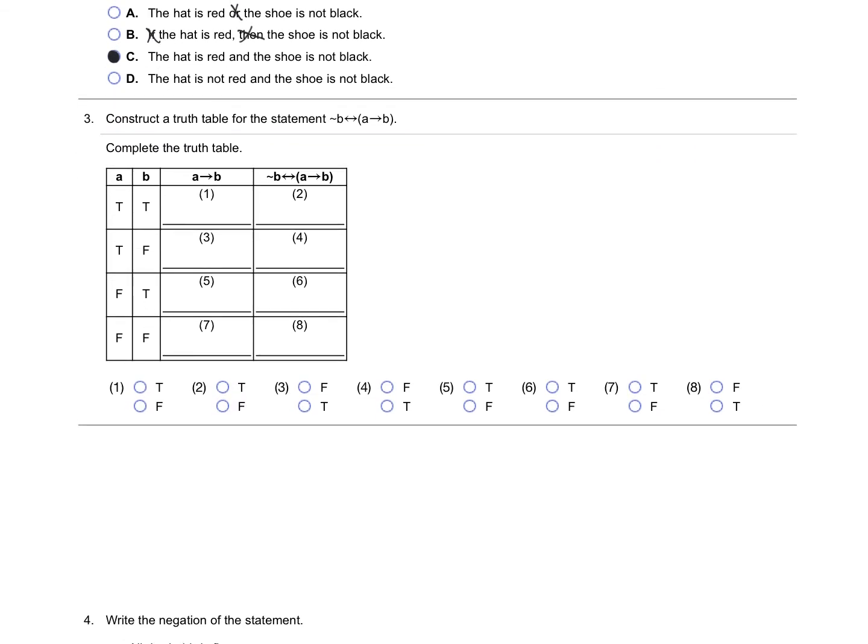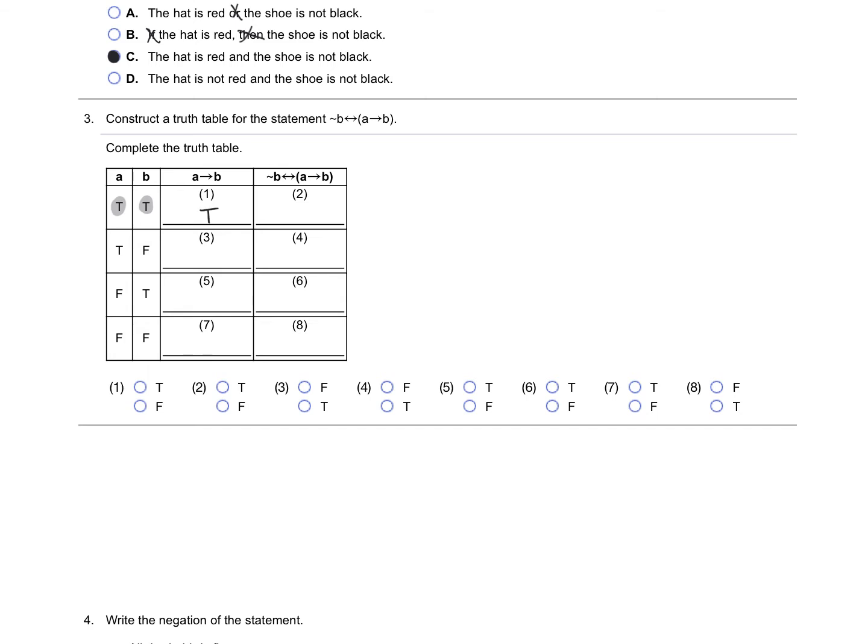Construct a truth table for the statement. They give us A and B, and now we're going to construct the other columns. So A implies B. Remember that this is only false if you have a true false. If you have a true true, like here, we start with a true and we end with a true, then this is true.